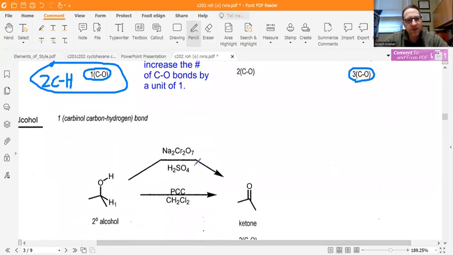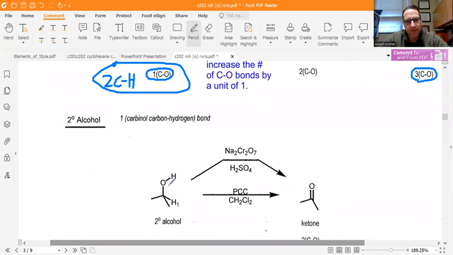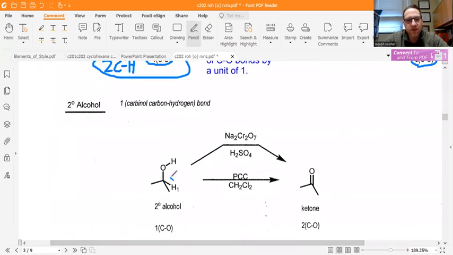When it comes to secondary alcohols, and we'll have a worksheet about this, there's only one carbonyl carbon hydrogen bond. Therefore, you can only oxidize once. There's one carbon hydrogen bond. We had one carbon oxygen bond originally. If you presto turn the one carbon hydrogen bond into a carbon oxygen bond, you end up with two.